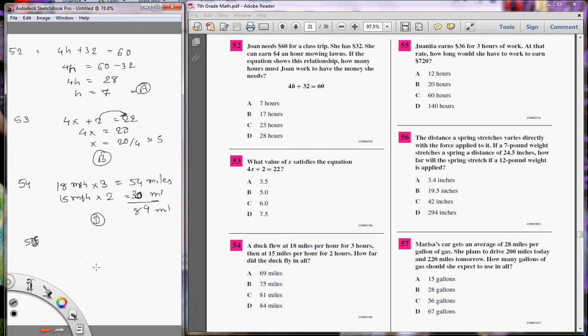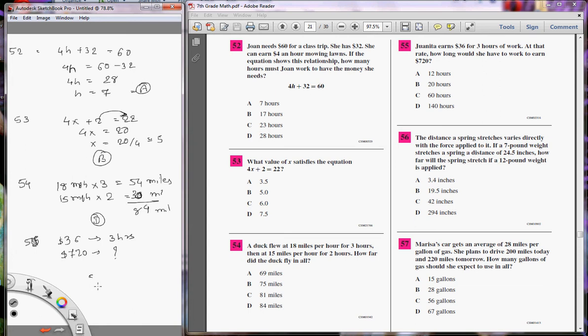So the equation for question number 55 looks something like this. She can earn $36 in 3 hours. How much time is required to get the $720? Okay, so that's the equation.